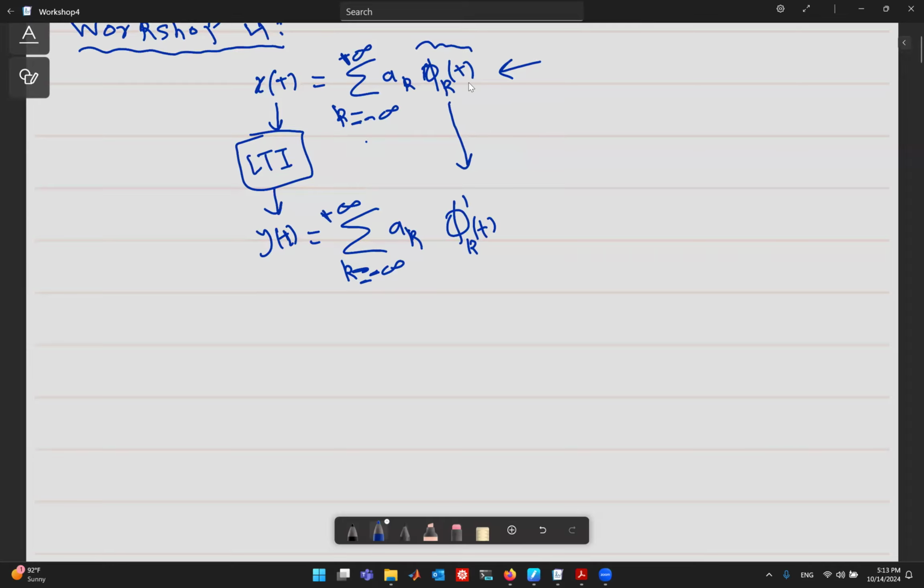In the lecture, you have proven that those signals will take the form of exponentials. phi_k(t) is some sort of exponential e^{st}, and s is a complex number.